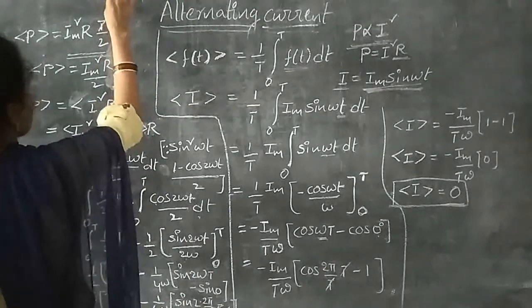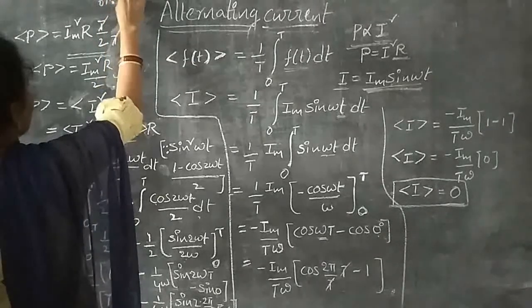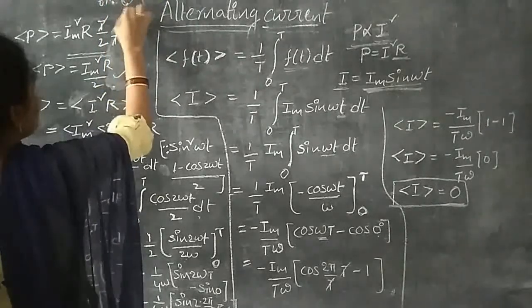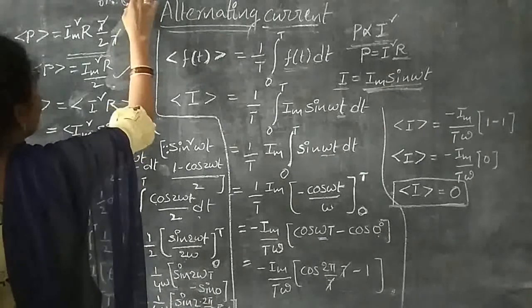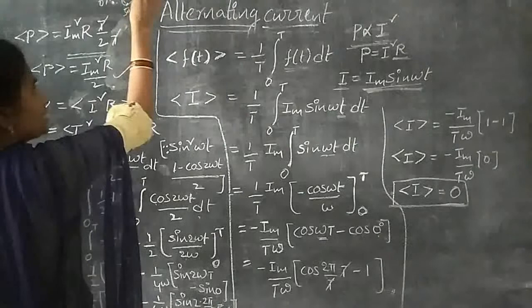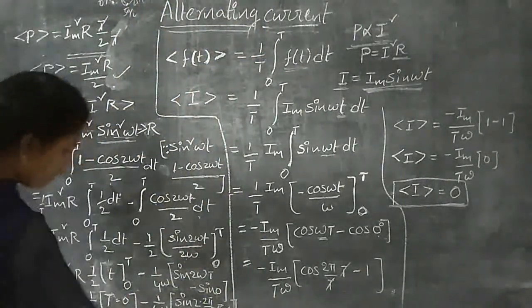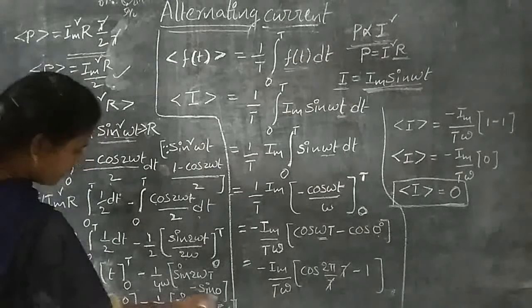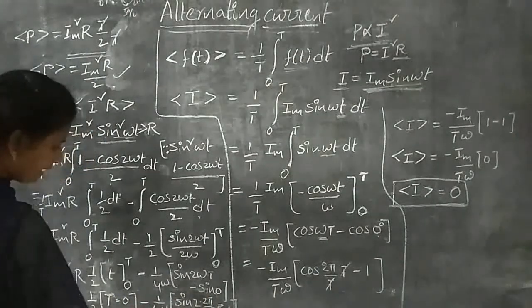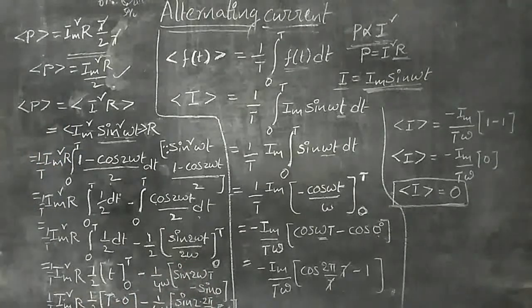So this is 0, pi by 2, pi, 3 pi by 2, 2 pi. So 180, 360, 720 are the zeros of the sine values. So from this, sin 4 pi is 0, 1 by 4 omega into 0 is nothing but total 0.